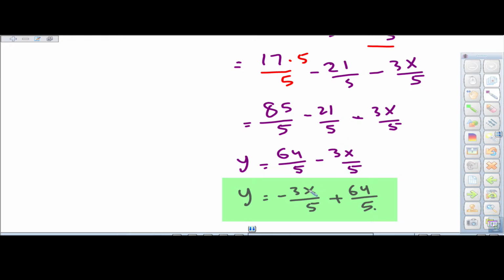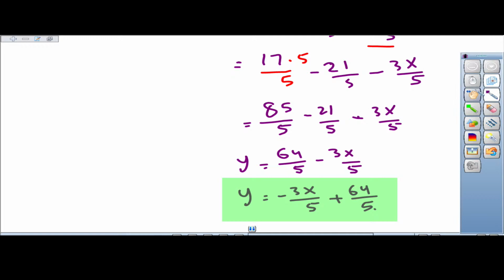There's an x here, see? y equals negative 3 over 5 x plus 64 over 5. So basically, in this case, you could use a table or a function to graph, whatever you have to use to get to the result that you needed.